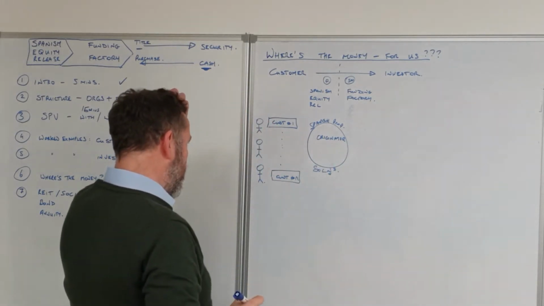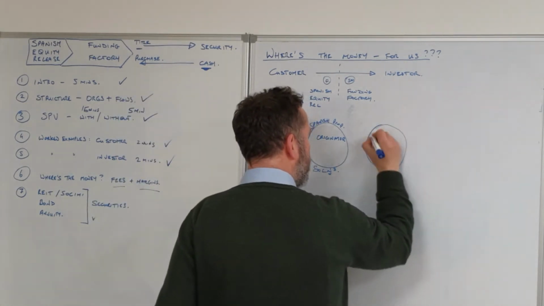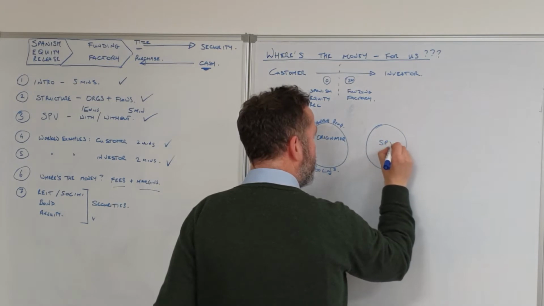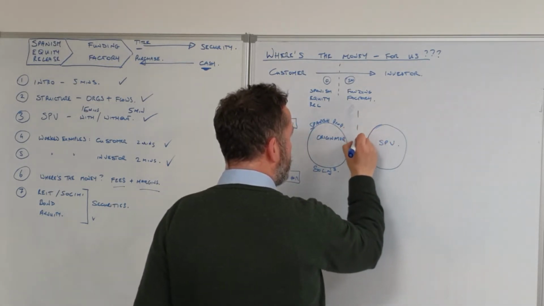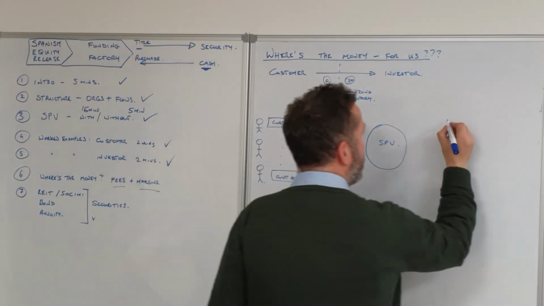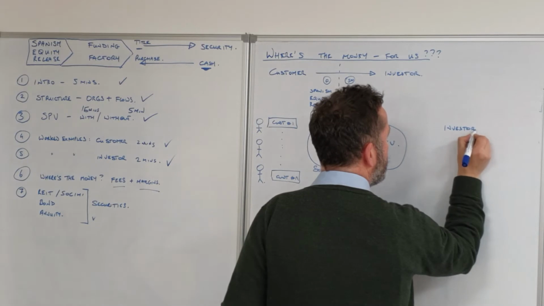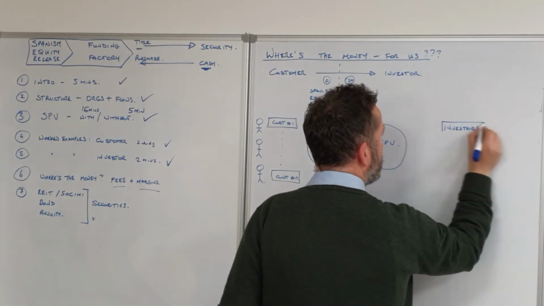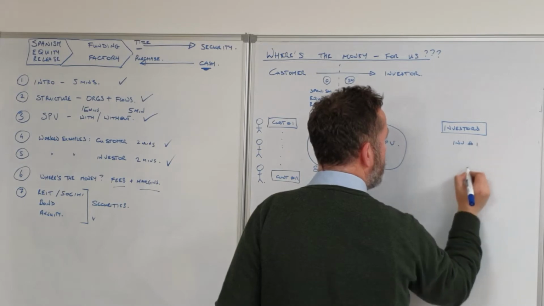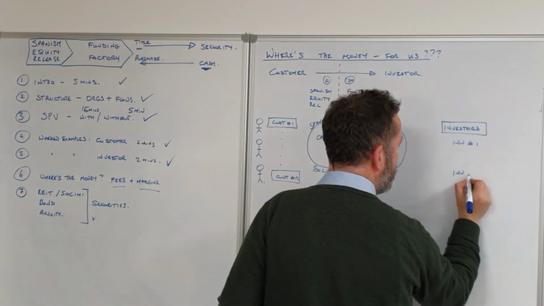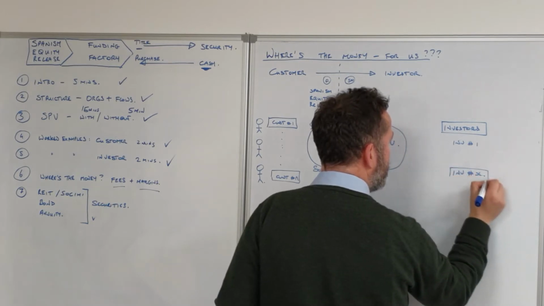And we also then have our SPV, throw that out here, and our SPV is kind of separated again. And then we have our investors. And we've got investor number 1 to investor number X. Yay.